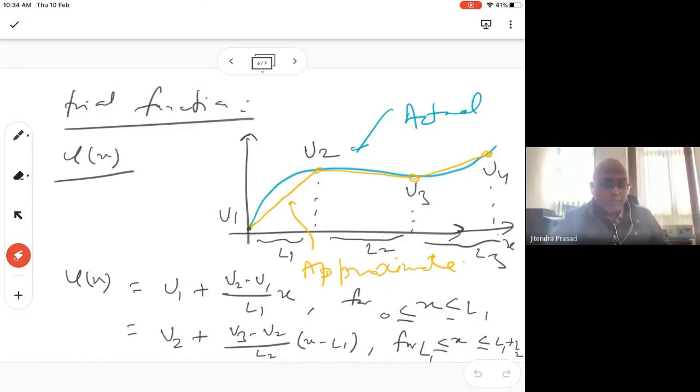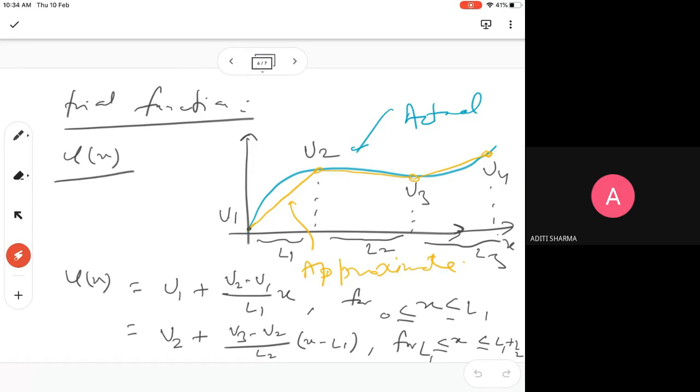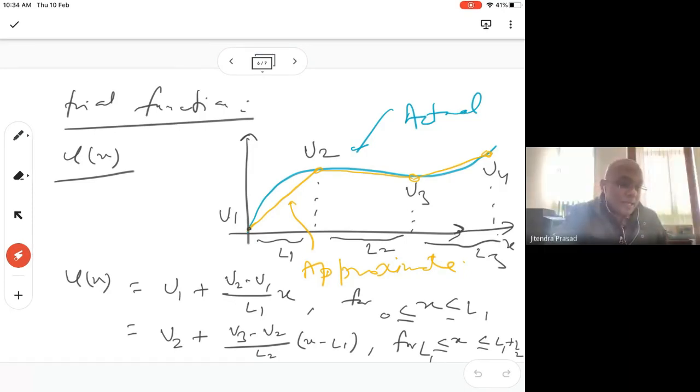Okay, sorry guys. I hope you are hearing my voice now. So I was saying that the actual solution could be something smooth like this, but you want an approximate solution, which could be a piecewise linear solution, something like this.